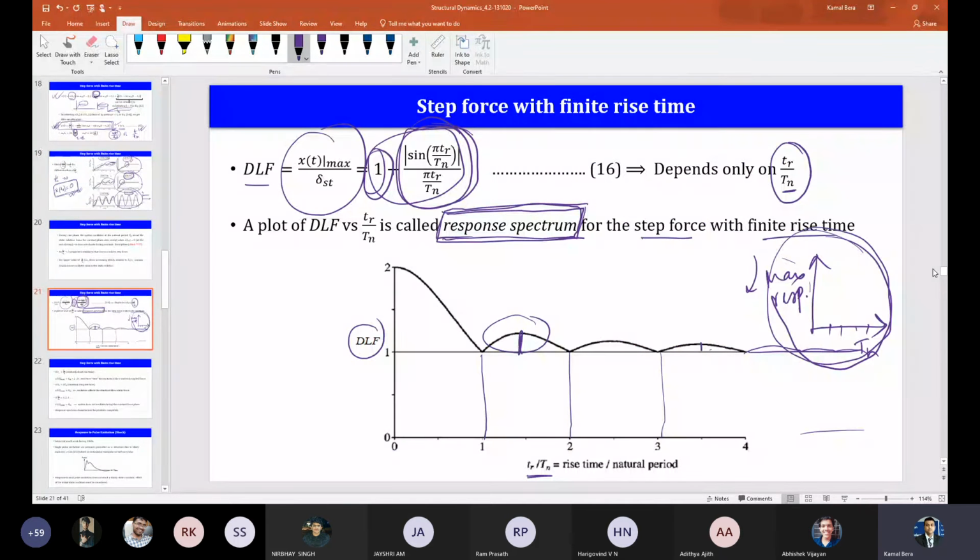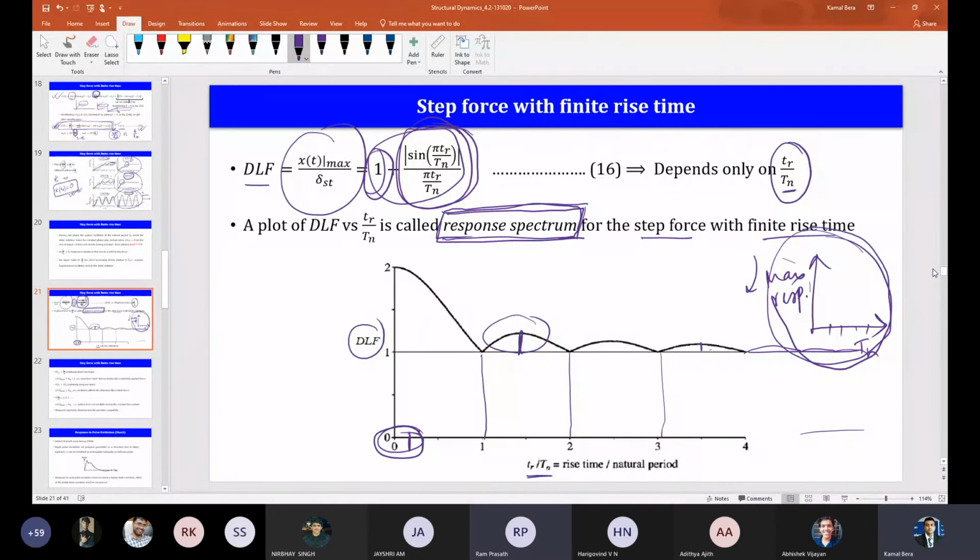And as tr by tn is very small, in this range, it is like a step force. At that time, what is the value of DLF?